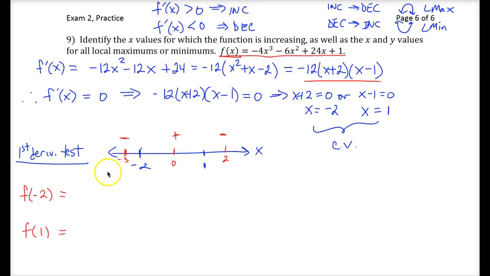All right, so plugging in -2 into our original function, we have -4 times -2 raised to the 3, minus 6 times -2 raised to the 2, plus 24 times -2, plus 1.